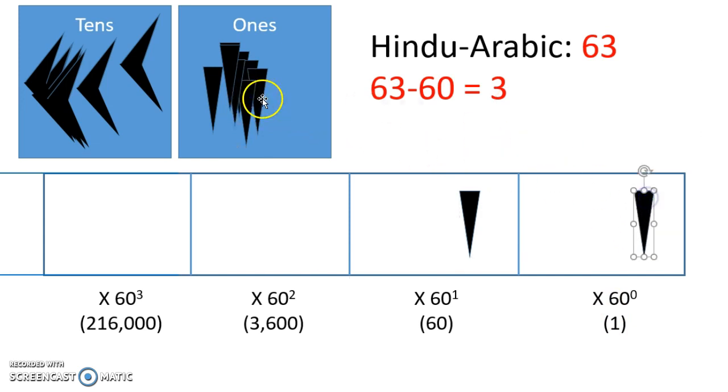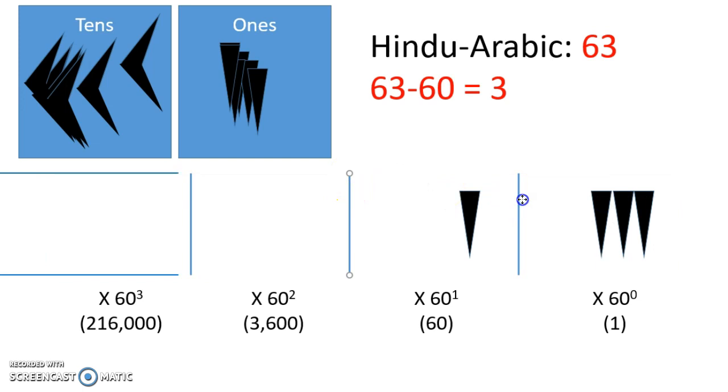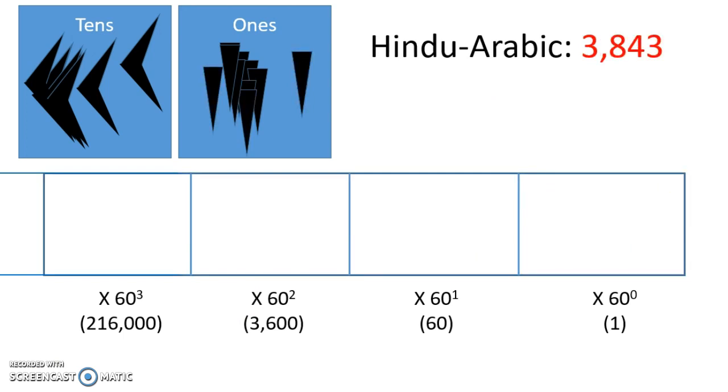So let's put 1, 2, 3. And if we delete this, notice there's this gap in between them. So if we wanted to write 63 in Babylonian, it'd be this single wedge shape, and then a space, and then 3 wedge shapes.